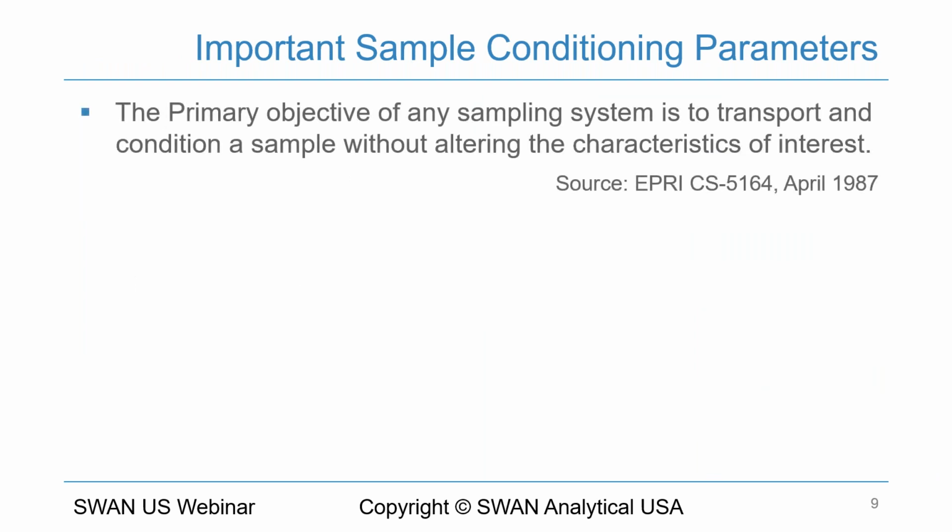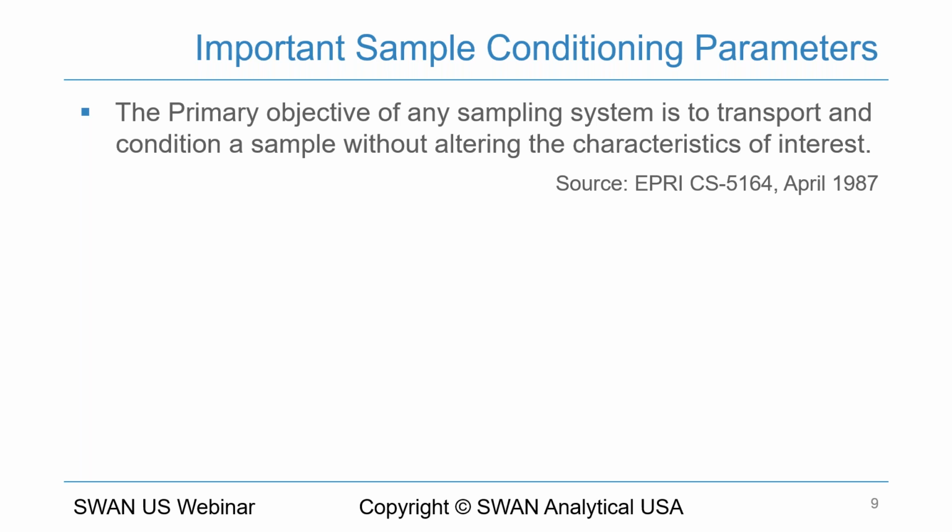Some important sample conditioning parameters. EPRI is one of the sources that we use in our determination of how we approach conditioning, and the primary objective of any sampling system is to transport and condition that sample without altering the characteristics of interest.